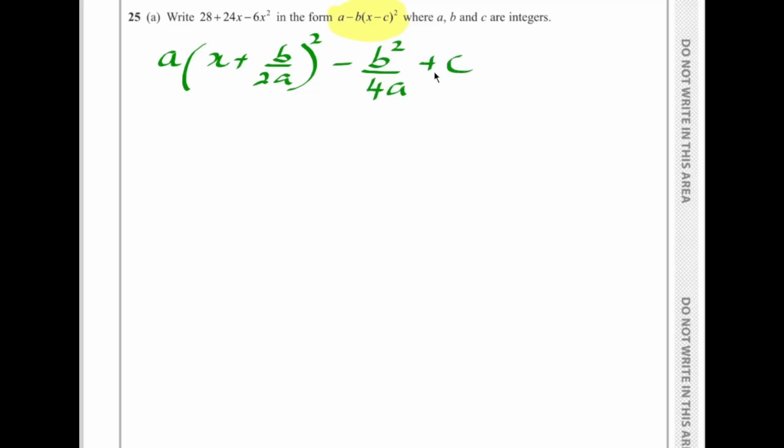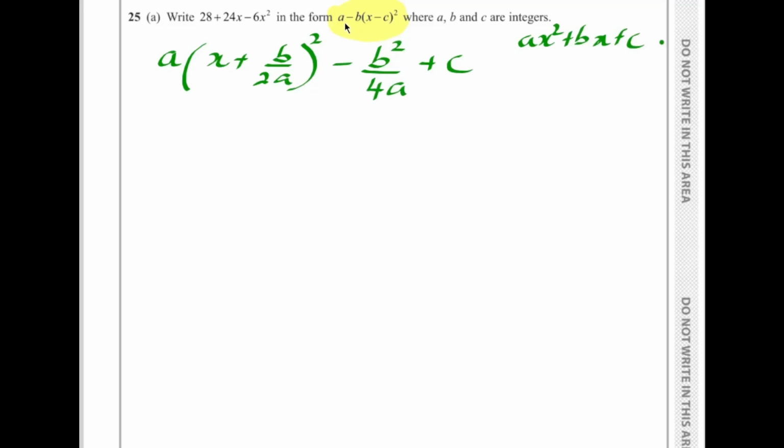So this is the formula. Let's see whether we are getting the answer using this one. First thing, I want you to list out what a, b, c are according to the given expression. Given a quadratic expression, we know that any quadratic expression can be written as ax squared plus bx plus c.